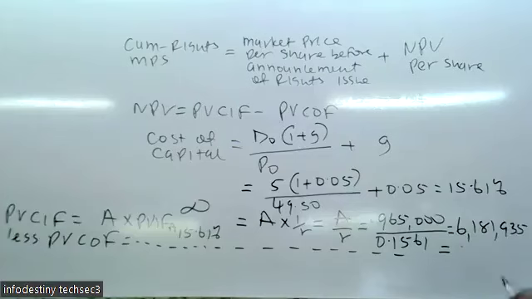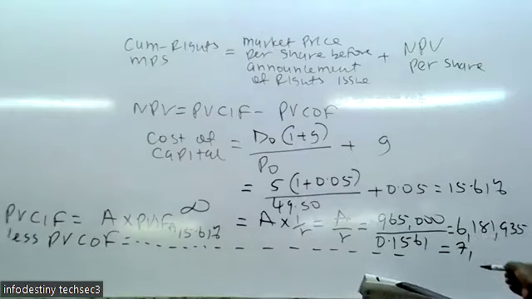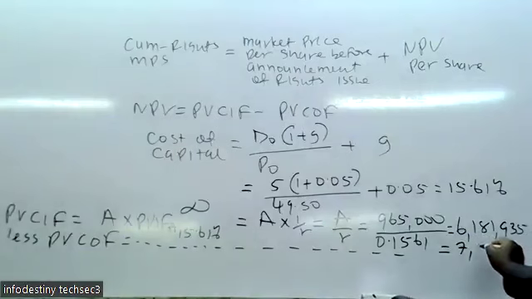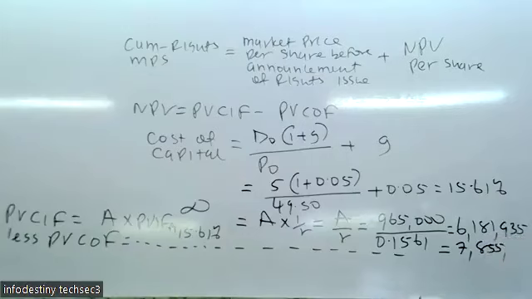So we are supposed to less the 7,855,000. So it will give us a negative NPV.